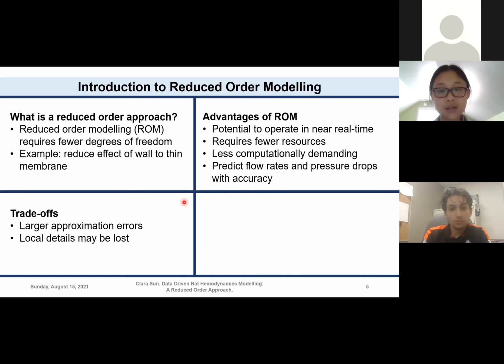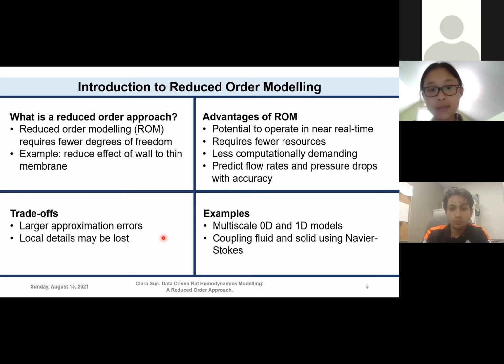However, these advantages are associated with trade-offs, not just limited to the ones I have here. Most notably, reduced order models may have larger approximation errors compared to full order models, and some local details may be lost. A few additional examples of ROMs currently used in cardiovascular modeling include 0D and 1D models.